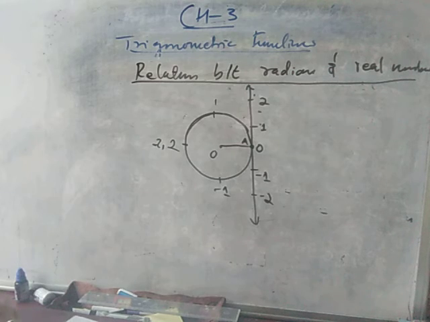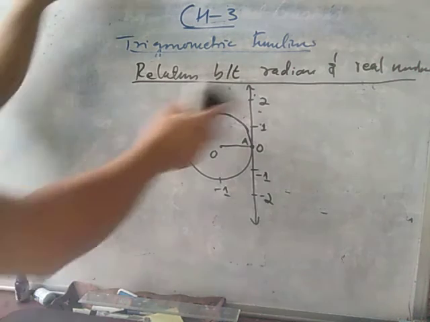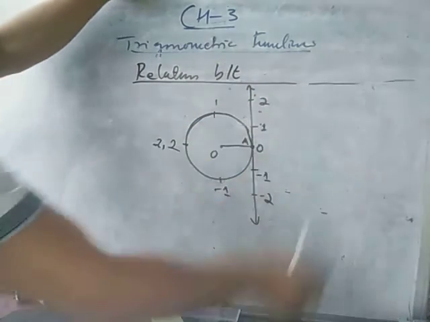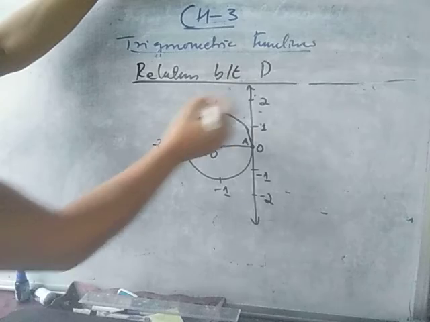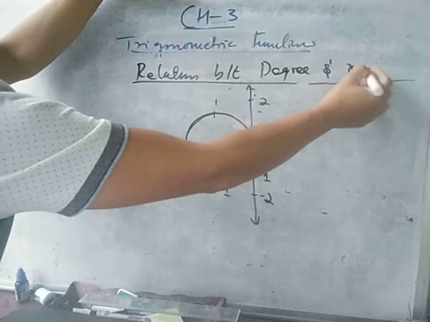Now comes the important thing, that is the relationship between degree and radian. This is very important, between degree and radian.